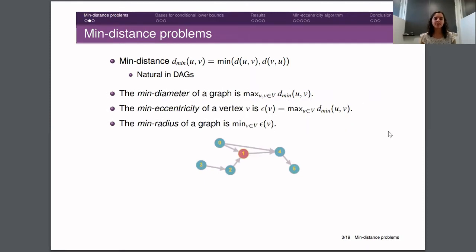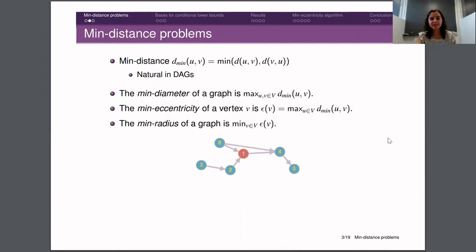So as with the standard notion of distance, you can define various parameters related to min distance. And the ones we'll be interested in this talk are the min diameter, which is the maximum min distance between any two vertices in the graph. The min eccentricities of the vertices. So for vertex v, this is the maximum min distance between v and any other vertex in the graph.